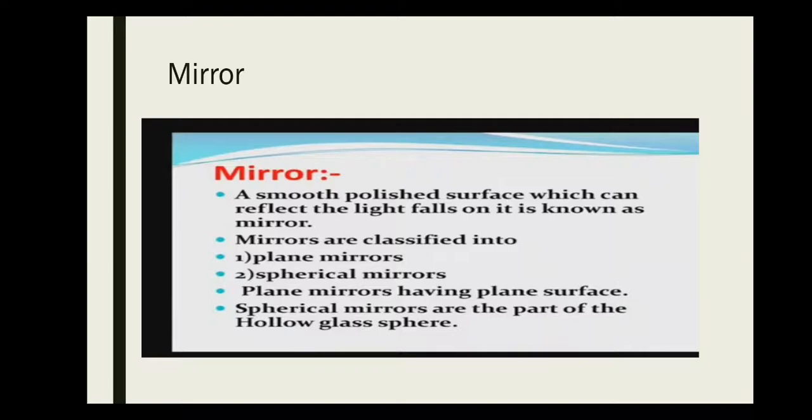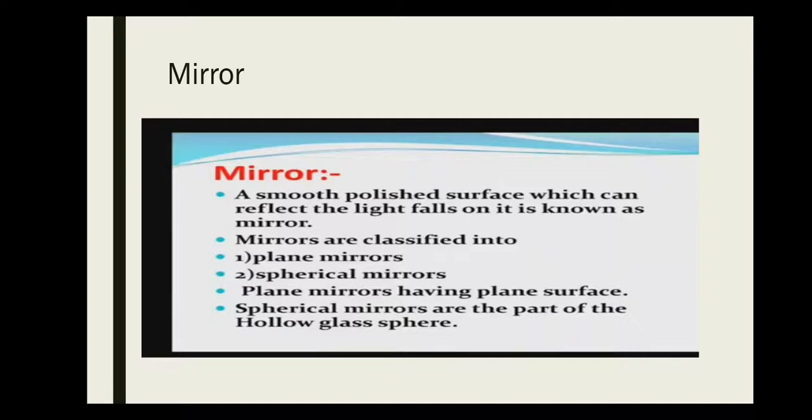A smooth polished surface which can reflect light after it falls on it is known as a mirror. Mirrors are classified into two types: plane mirrors and spherical mirrors.